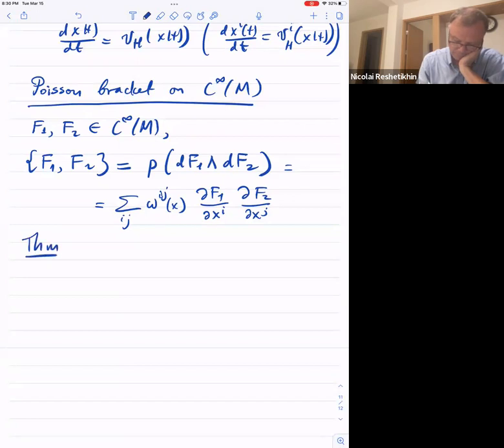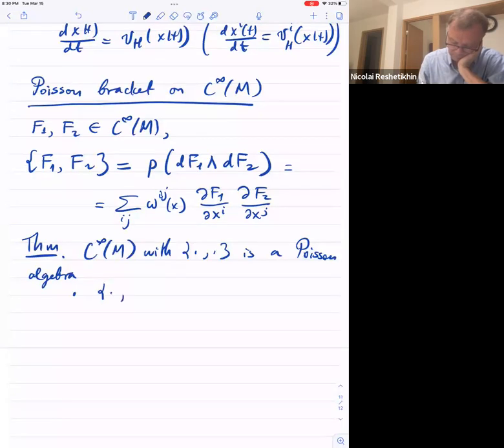Okay, theorem. This algebra of smooth functions with this bracket is a Poisson algebra, in the sense that this bracket satisfies, first, the Jacobi identity.